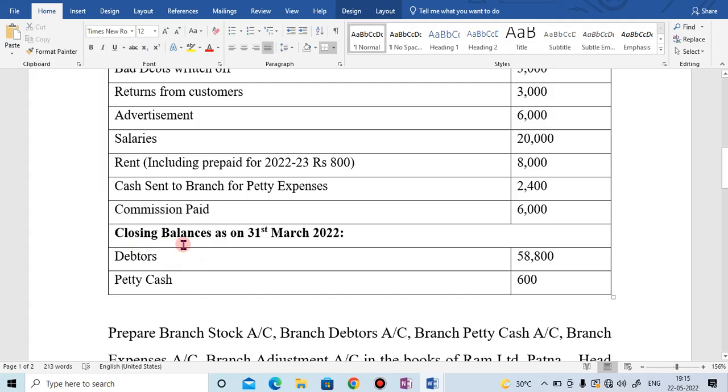Next entry is closing balance as on 31st March 2022, debtors and petty cash.